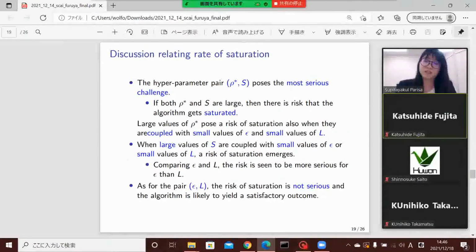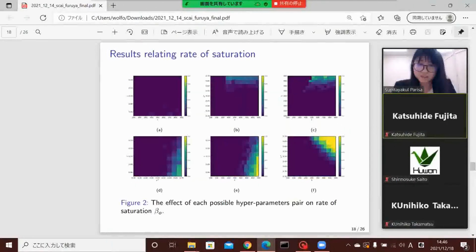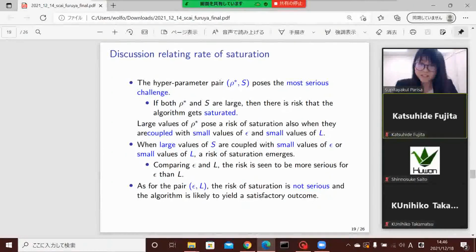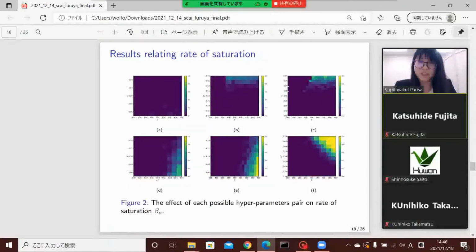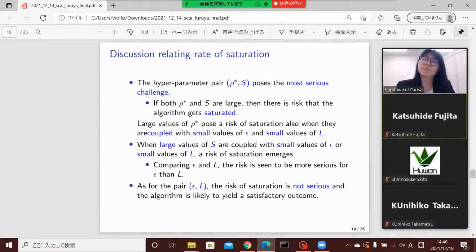When comparing epsilon and L, the risk seems to be more serious for epsilon than L. That is, in figure E we have a bigger yellow part than in figure C. As for the pair of epsilon and L, the risk of saturation is not serious, and the algorithm is likely to yield a satisfactory outcome. Here in figure A, there is no yellow part, so it is not serious.